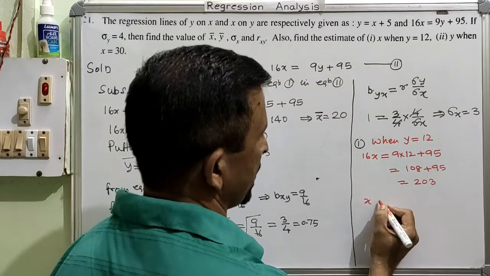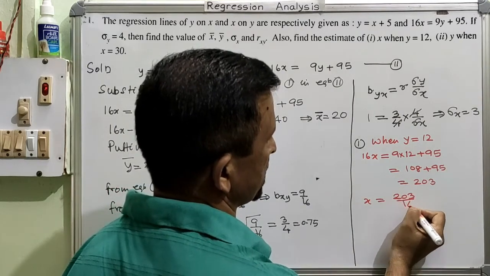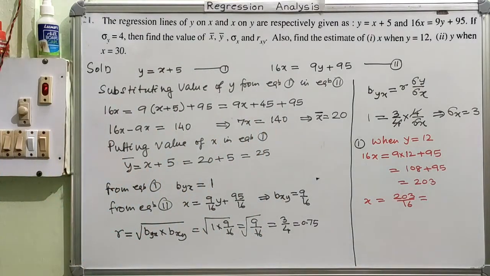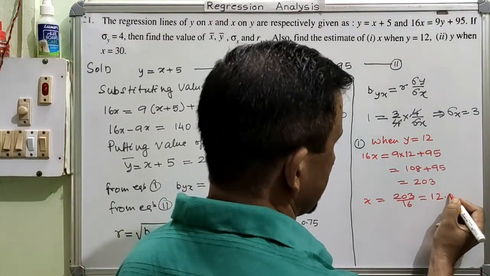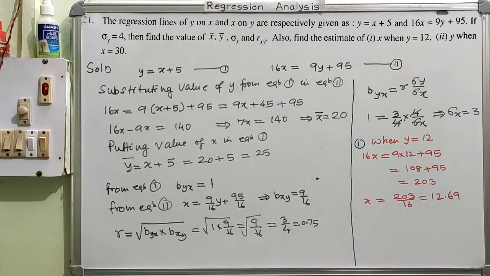And therefore your x will be 203 divided by 16. Now we can use the calculator and get the answer. When you calculate, your answer is coming 12.69. 12.69 is the answer.